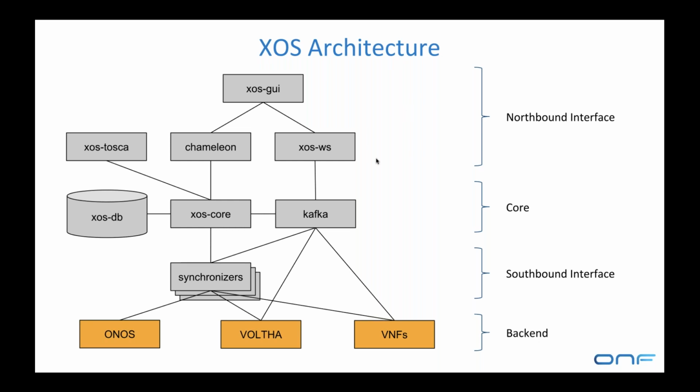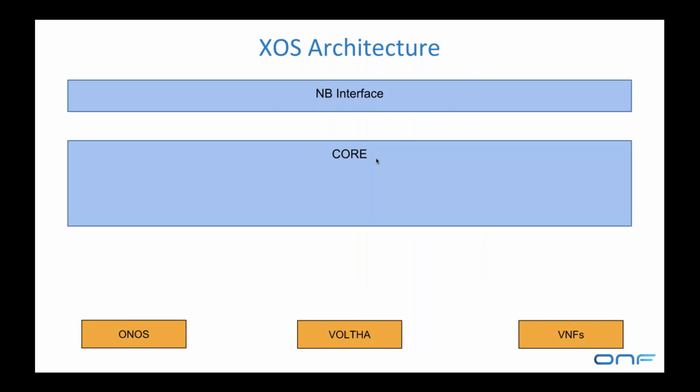Okay, so let's move to a more logical picture of what we just said and what happens in the system when we do something. We have a backend at the bottom that can be any kind of VNF, ONOS, or Voltha, or in the case of mobile core, it's the EPC or the mobile antenna and that kind of stuff.